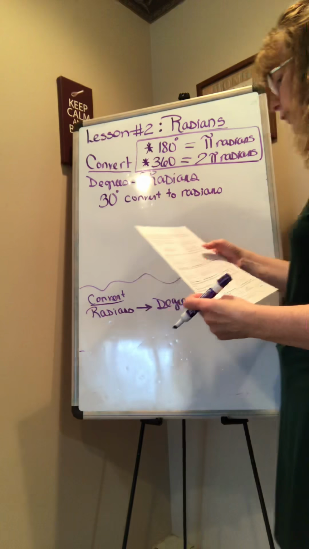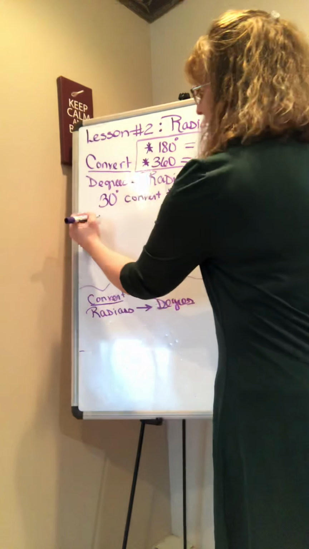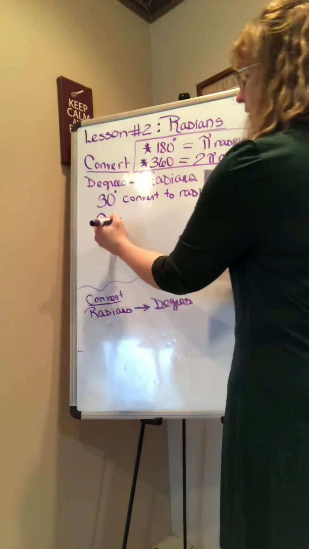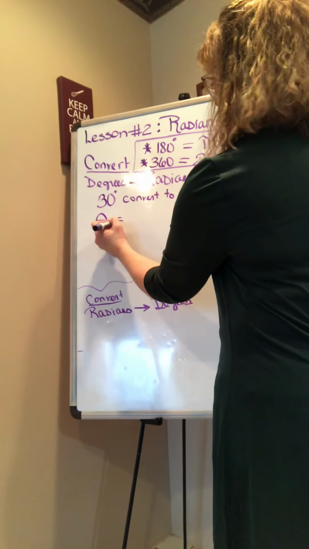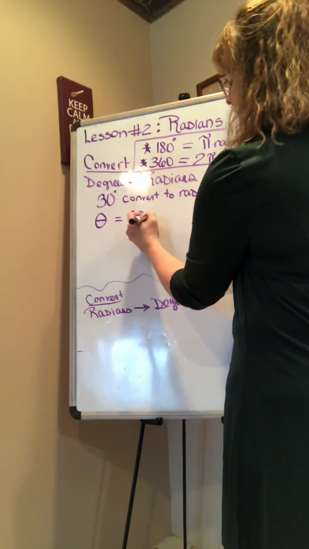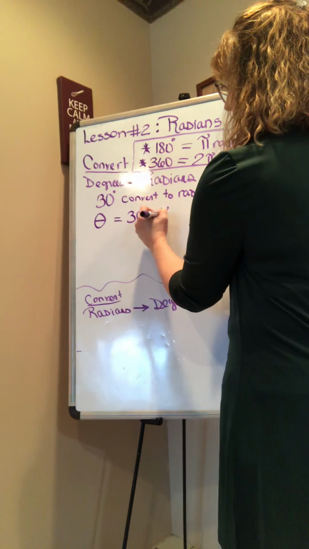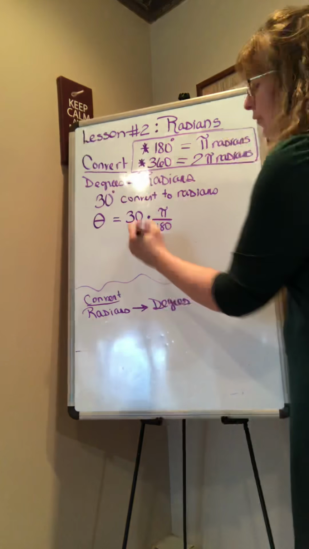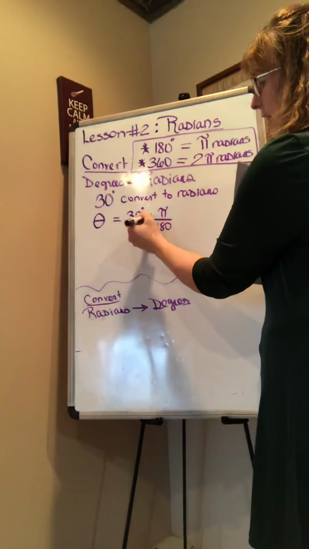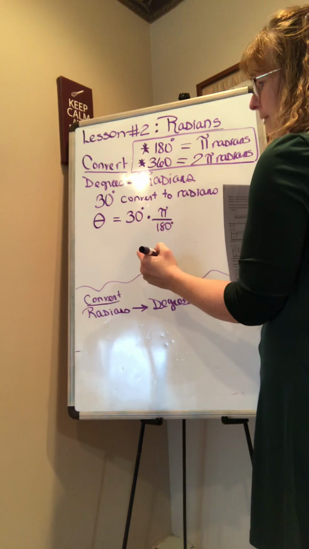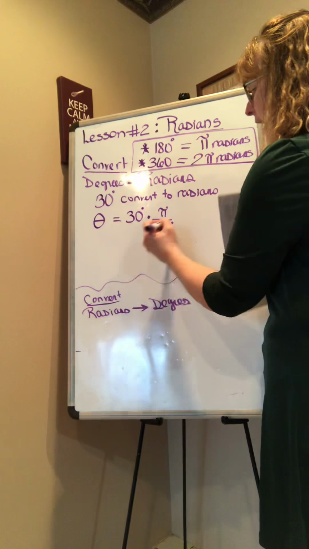So if I had to do this, I would say, okay, here's my theta, because I love this for my angle. My angle, which was 30 degrees, I now multiply by pi over 180 degrees, and what happens is I can reduce diagonally.